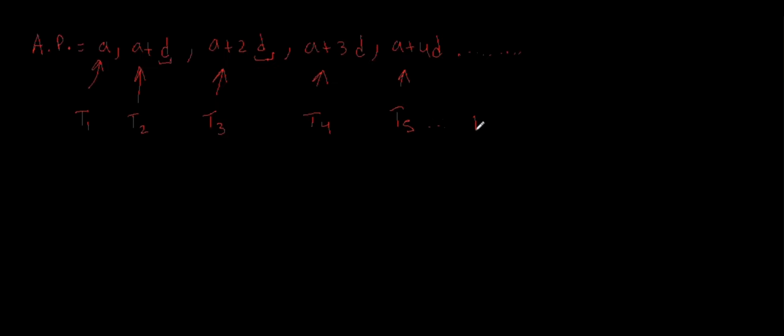Dot dot dot T subscript N. This is a notation. If I tell you T subscript 50, you should know I'm talking about the 50th term in the sequence. Similarly, T subscript 60, the 60th term, T subscript 77, the 77th term in the sequence.